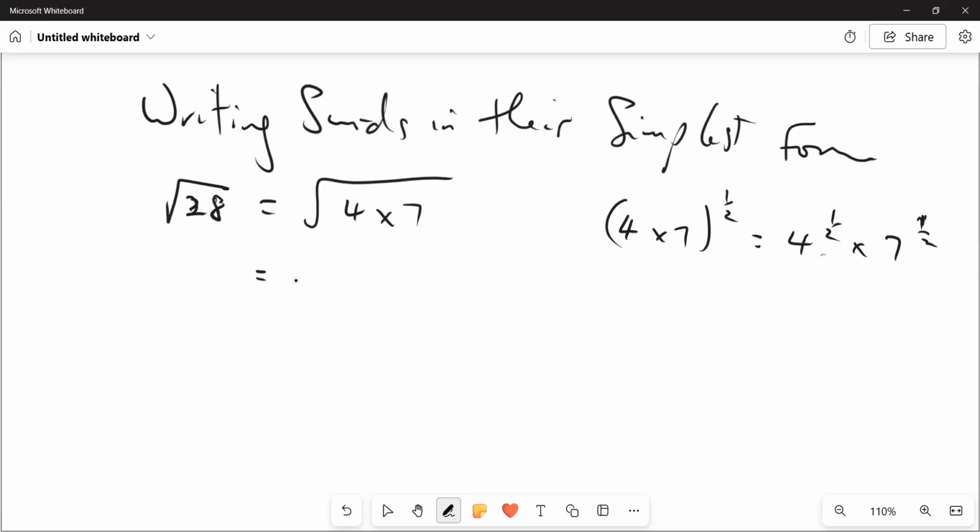Same thing here: you can put square root of 4 times the square root of 7. And you know that the square root of 4 is not a surd, it's a nice number like 2. So you end up with 2 root 7. So writing root 28 in its simplest form, you get 2 root 7.